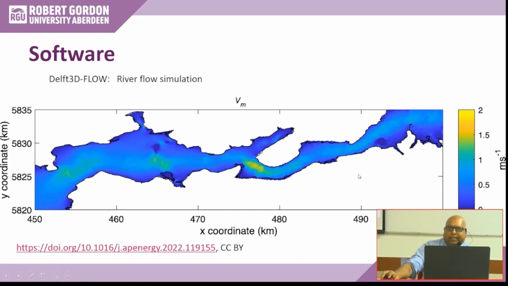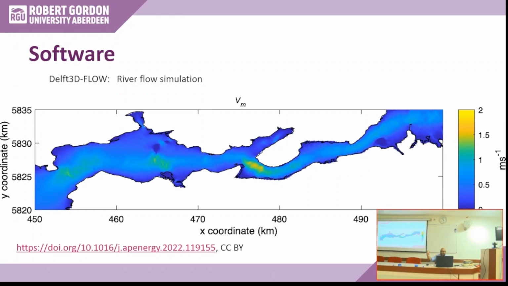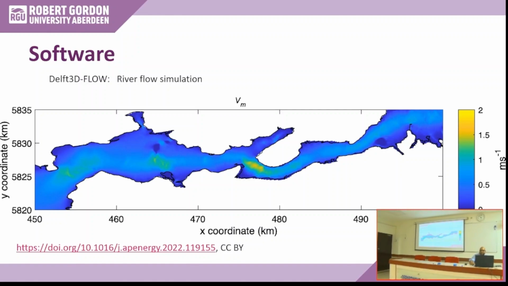You can do the whole river simulation using Delft 3D Flow, and it's available for free. If you have the data for your river, that's fine. If not, use it to simulate the flow, maybe in the Ganges, or other rivers we talked about, the Brahmaputra and things like that.